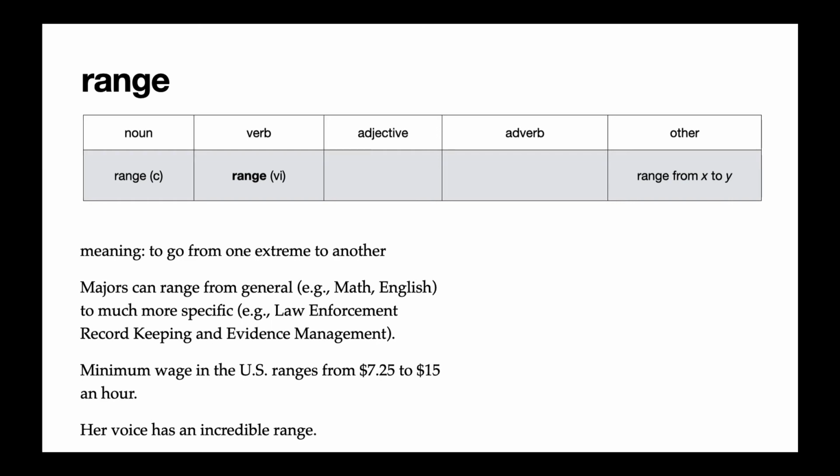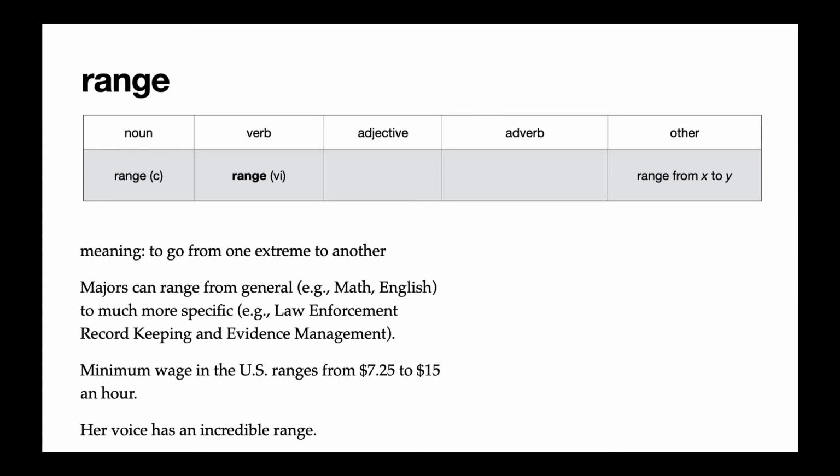So in the reading, we said majors can range from general to much more specific. So general is one direction and specific is the other direction, right? General means large and related to many things, and specific means very narrow and related only to a small number of things.